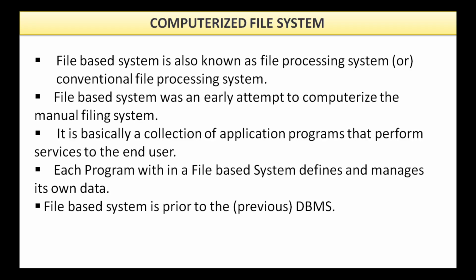So what does it contain? A file-based system is a collection of application programs that perform services for the end user and manage their own data files. Those application programs were developed using third generation languages like C, Fortran, COBOL, C++, like that.